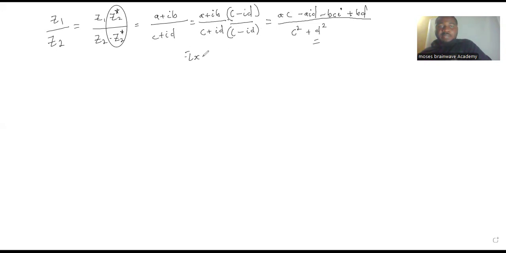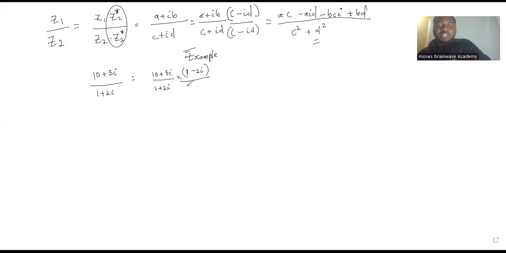Let's take some example. Before we call it a day, we have 10 plus 5i upon 1 plus 2i. So all I'm going to do is to multiply by the conjugate of the denominator, right? So I'm going to multiply by this conjugate over here, 1 minus 2i.